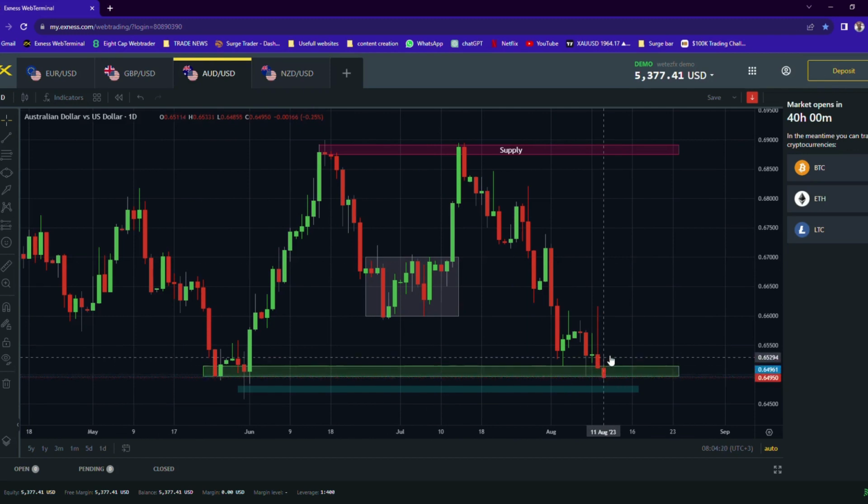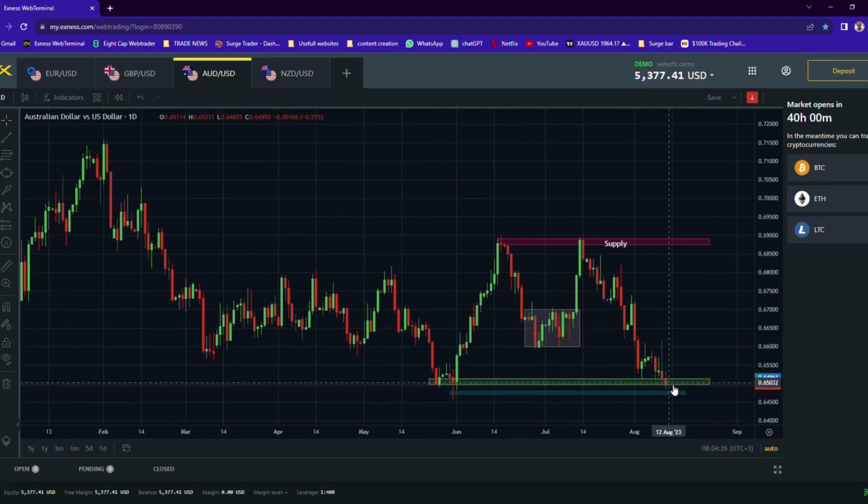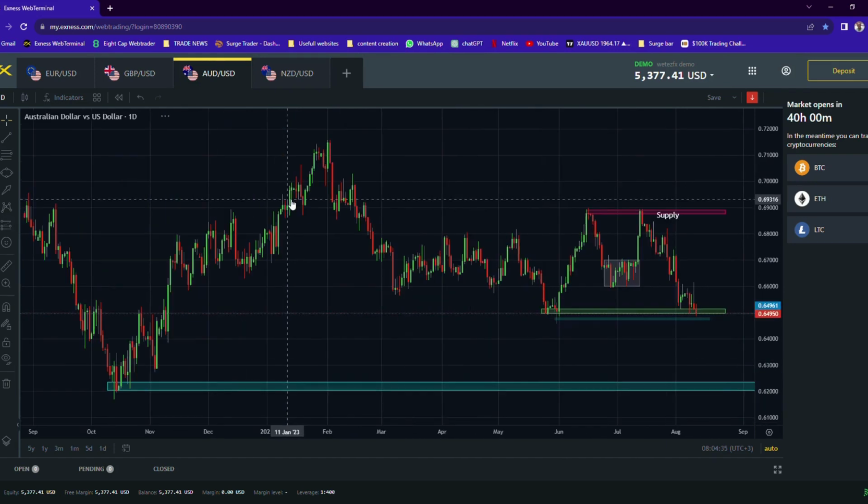By the end of the week, we are seeing a big push to the downward side. We'll have to wait and see in the following week how the market reacts to that zone. If we see some support levels being created, then we'll wait for a confirmation to the upward side. But if not, we are going to the next zones down there on the market structure.